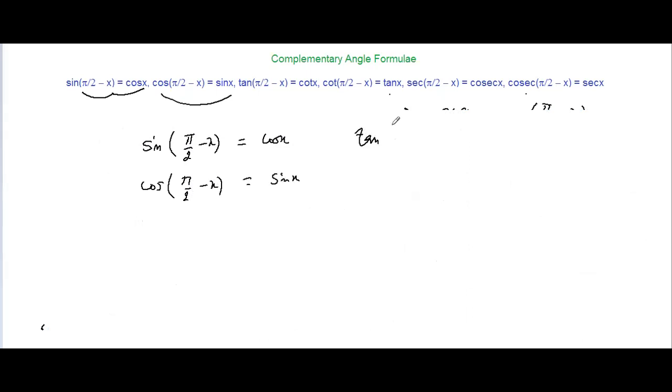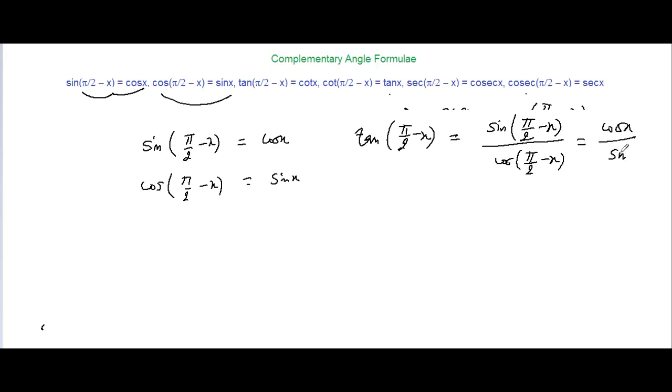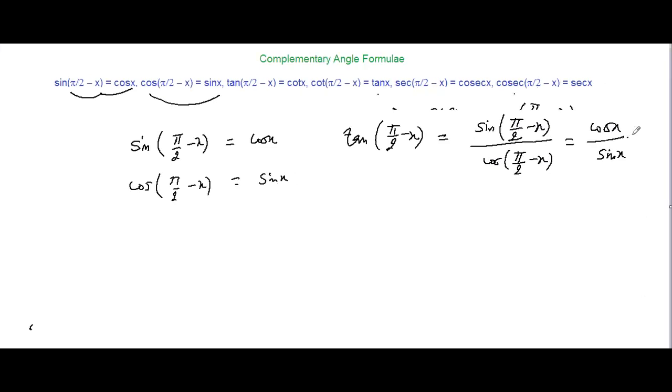Therefore, if we want to find tan of pi by 2 minus x, we will have to write it as sine of pi by 2 minus x divided by cos of pi by 2 minus x. Sine becomes cos, cos becomes sine, and cos over sine is simply cot x. I think now the things are easier.